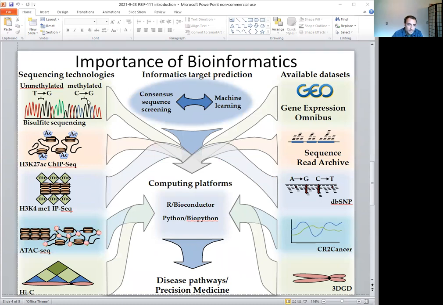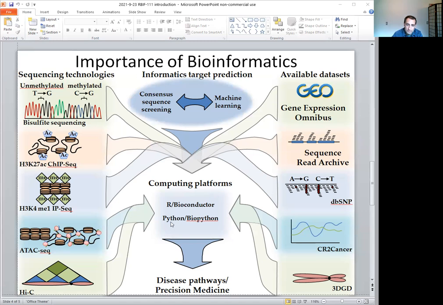So the importance of bioinformatics, a lot of my job is involved in integrating genomic data sets and we utilize high performance computing platforms. And also we do a lot of, say, consensus sequence mining or mining of different biological sequences, integrating with machine learning and whatnot. And we do that using R and Python.